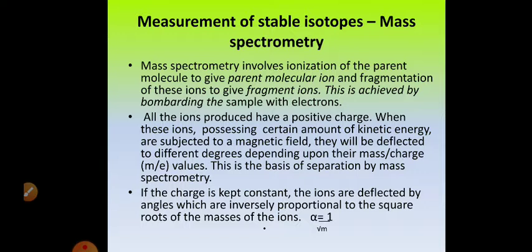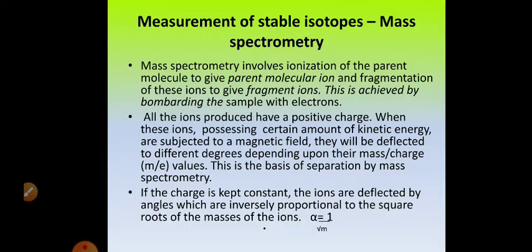Mass spectrometry involves ionization of the parent molecule to give the parent molecular ion, and fragmentation of these parent molecular ions to give fragment ions. This is achieved by bombarding the sample with electrons.